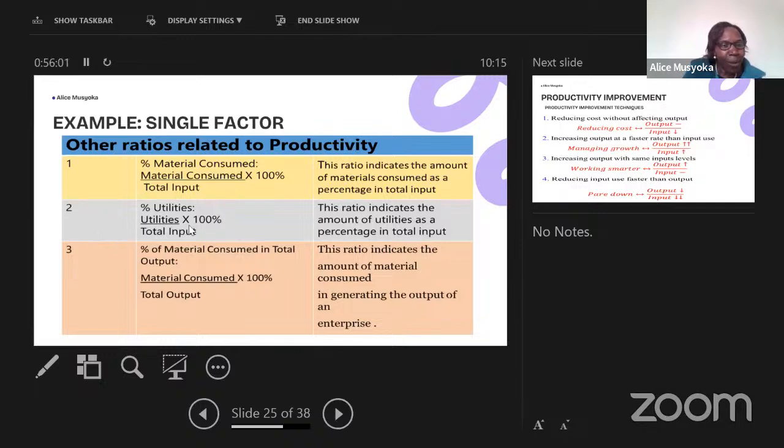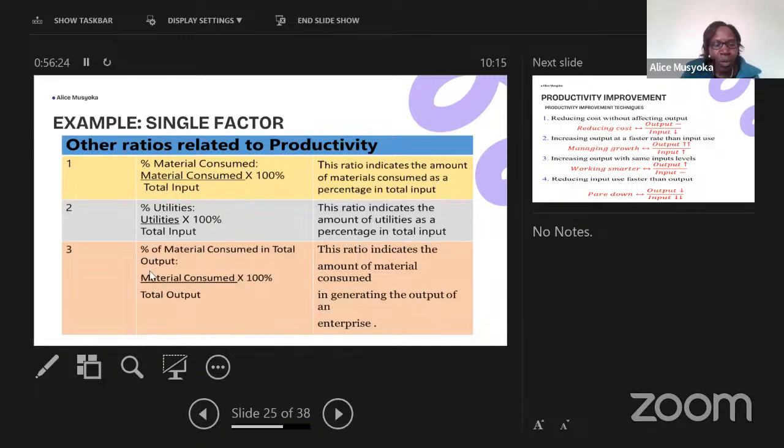And number 2, we can look at utilities by way of looking at percentage utilities, where we look at utilities divided by total input times 100. And this will give us a ratio of the amount of utilities as a percentage in total input.